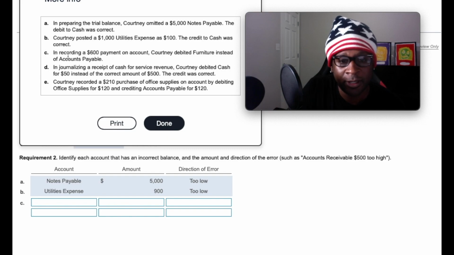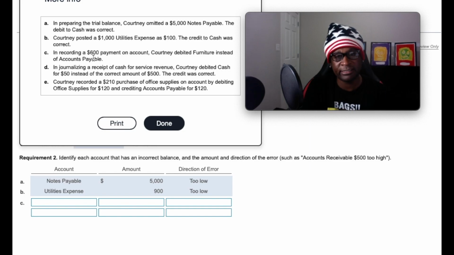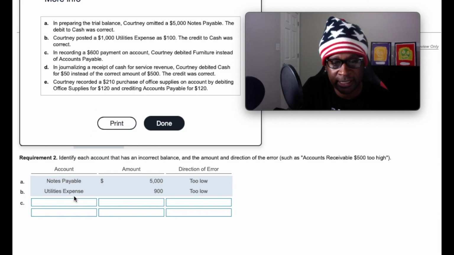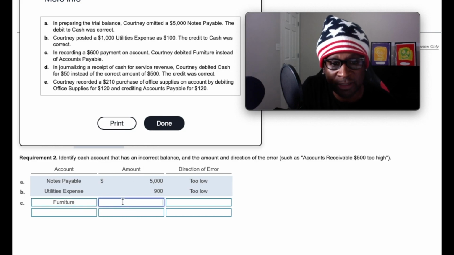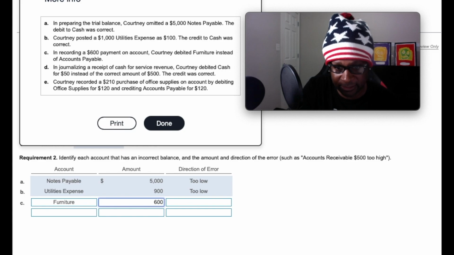Moving on. In recording a $600 payment on account, Courtney debited furniture instead of accounts payable. Now, in this situation, we already know, gang, two accounts are affected, our furniture and our accounts payable. She debited furniture incorrectly, which shouldn't have had an effect in this transaction. So furniture is affected because it's being reported on the trial balance higher than what it should be. By how much? The amount she recorded, which was $600.